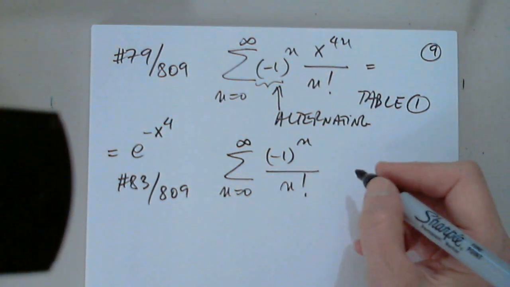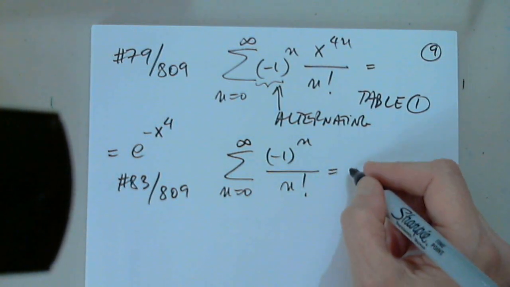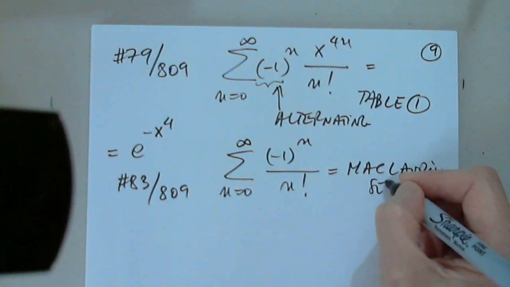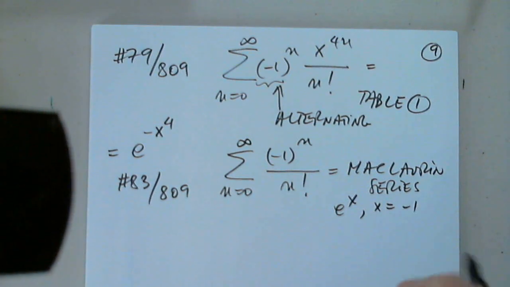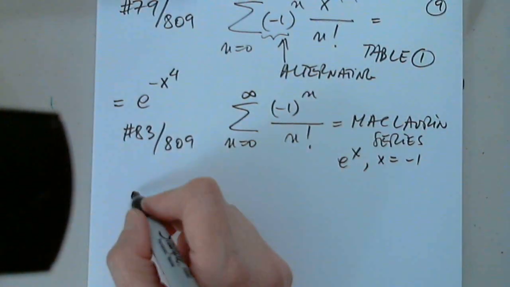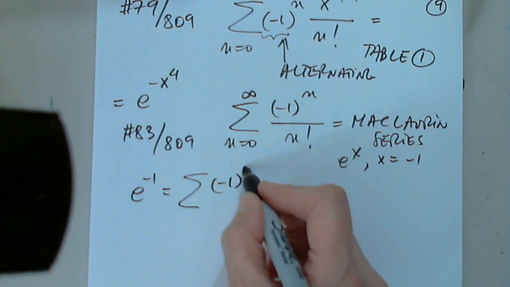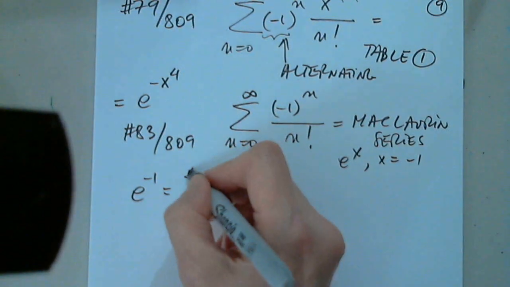And if you again look through table 1, you will see that this is nothing else but the Maclaurin series of e to the x when x equals negative 1. So then e to negative 1 will be just this, the sum from n equals 0 to infinity of negative 1 to the n over n factorial.